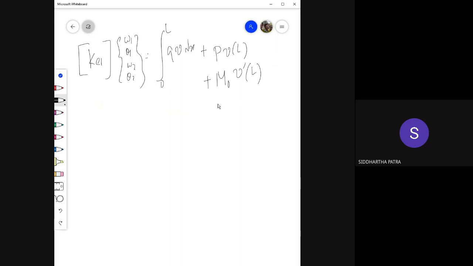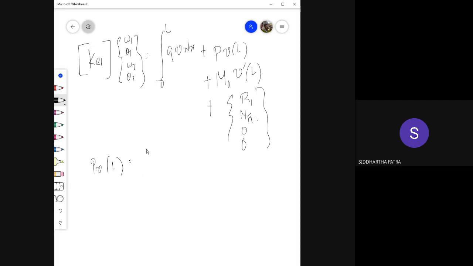Okay, and then the next term would be the ones with the reaction forces and reaction moments. Since we are talking about a cantilever, we know there is going to be one R1 and one MR1 at the fixed end, the other two are 0. P times V at L, you know already how it should look like.